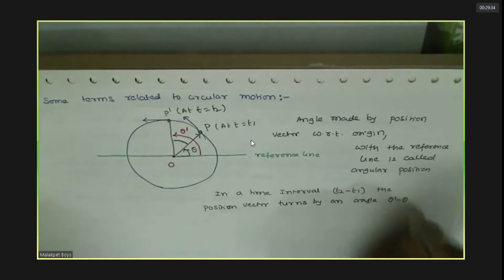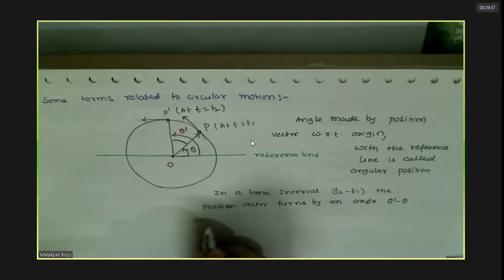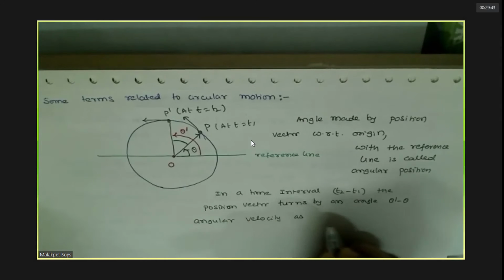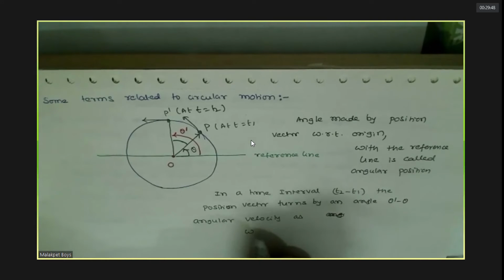So we define angular velocity as omega. This is read as, what is this?